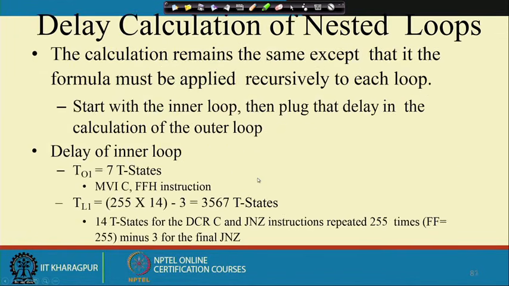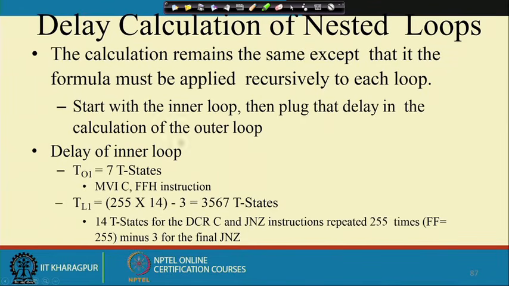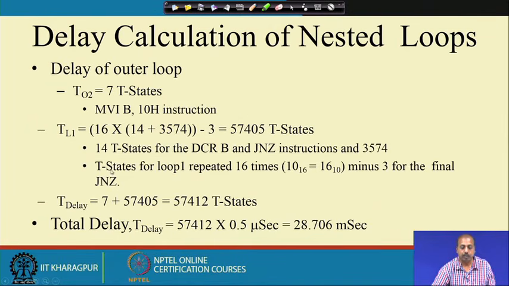So, 14 plus 3574, since the inner loop was 3567 plus 7, that is 3574. That is added, and this whole thing minus 3 makes it 57405 clock cycles. So, total delay is the outer 7 plus 57405 T states, so total 57412 T states.